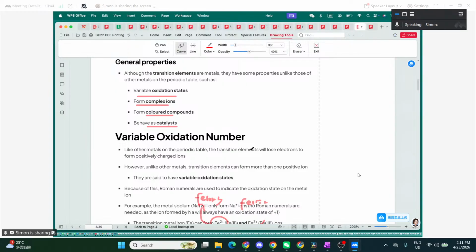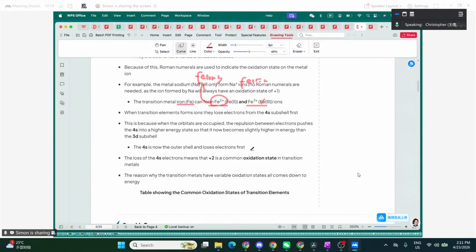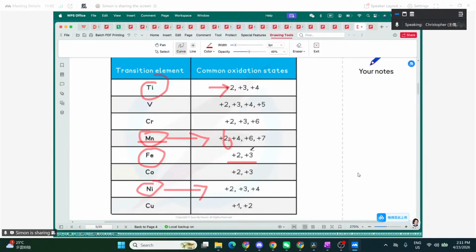The variable oxidation state. The iron has +2 and +3. The manganese has 4 oxidation states.